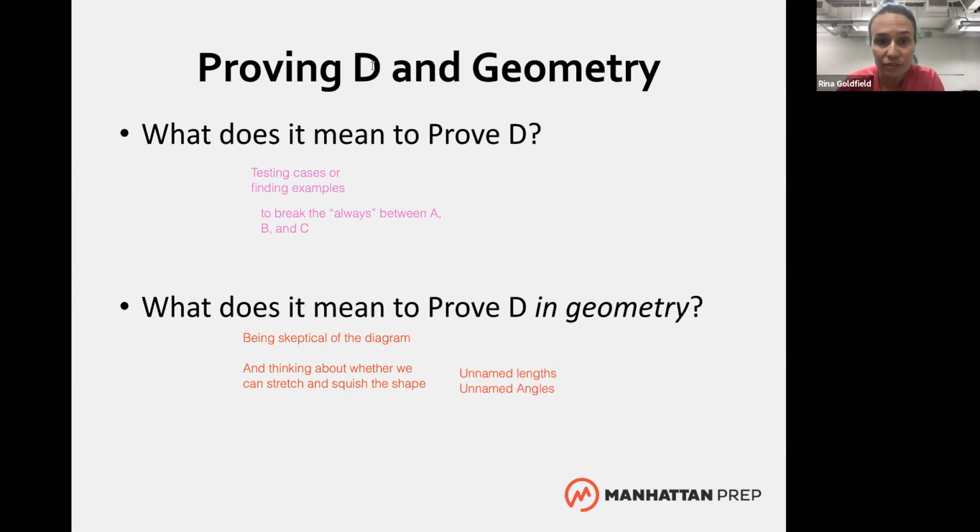For example, if they were like, compare this pink line and this green line here, but they don't tell you anything about it. It might be like the green one looks longer, but they haven't labeled the lengths or the angles. So I'm going to be skeptical of that. I'm being skeptical of unnamed lengths and unnamed angles, and thinking whether I can stretch and squish the shape to vary it and show that we can break that always. Sometimes A is greater, or sometimes B is greater, or sometimes they're equal.